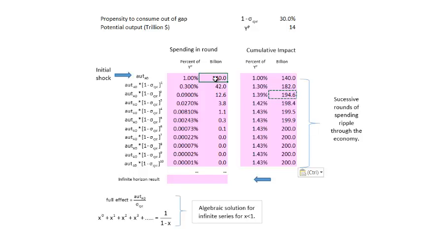It's telling us that the ultimate impact of our shock is greater. It has magnified the initial value of that shock. Something that you may remember from your high school algebra class. We can think of this as an infinite series.